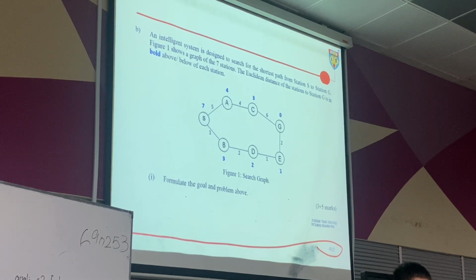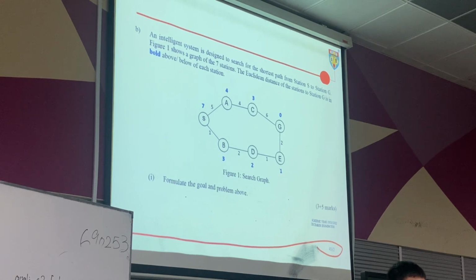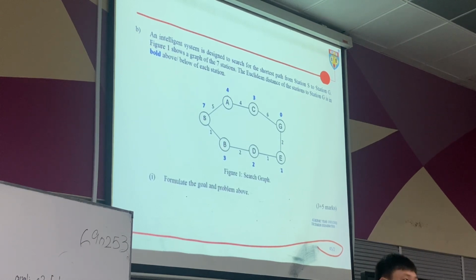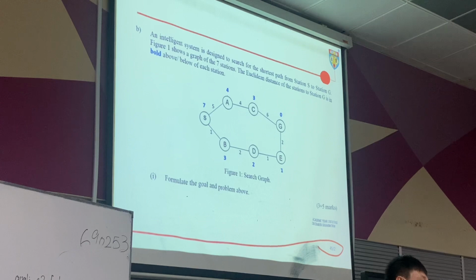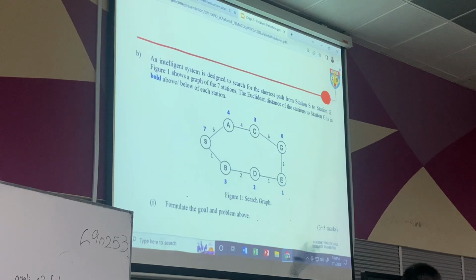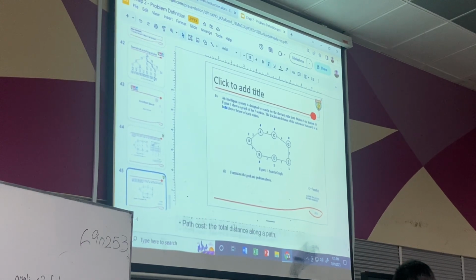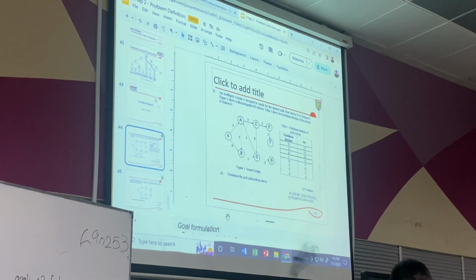Abstractions, the times can be ignored. So I think the answer is given here. If you look at your slides, the answer is inside the comment box, so you can just do revision on your own later.